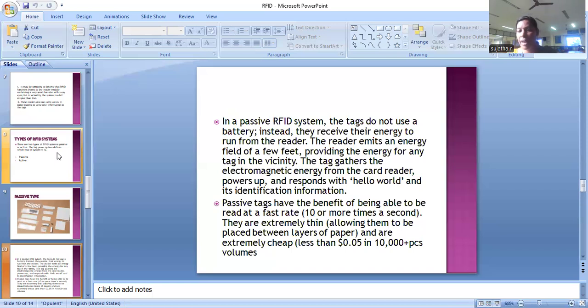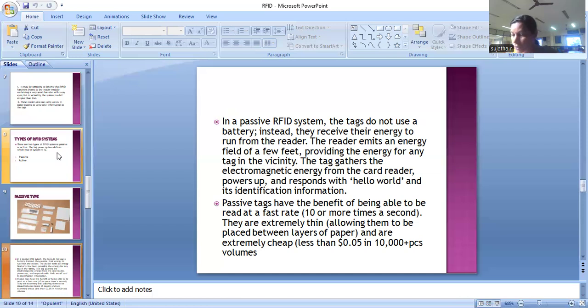So for passive, there is no need to give any power supply. It's very cheap. We can use it in theme parks, in malls, and with barcodes in books. These are the passive tags.